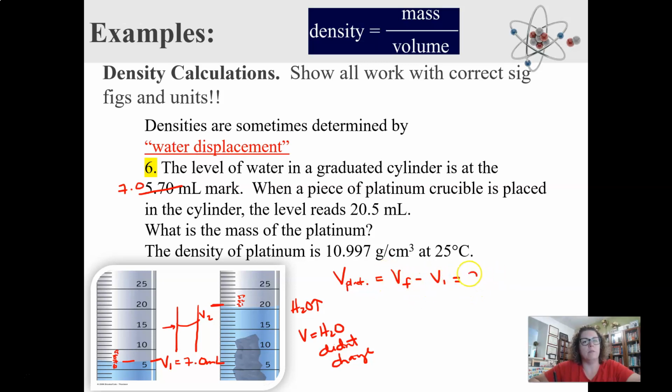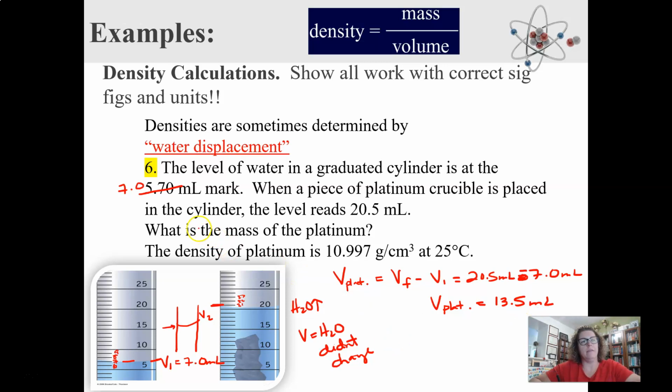So my final was 20.5 mL, and initially I had 7.0, so 20.5 minus 7.0. Subtracting, sig figs go by the least after the decimal, so I only need one after the decimal, and the volume of this piece of platinum is 13.5. And that's milliliters.